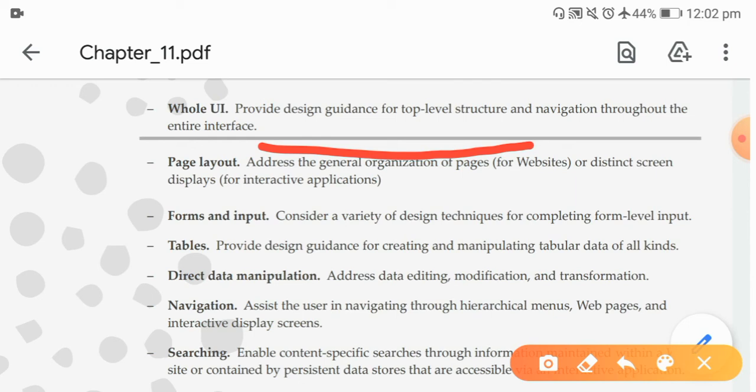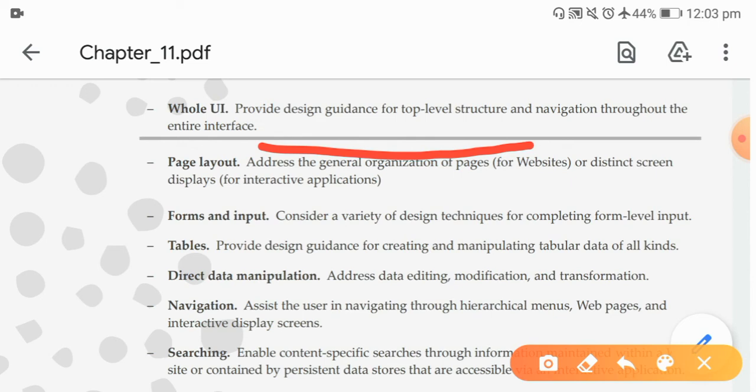Tables provide design guidance for creating and manipulating tabular data of all kinds. Direct data manipulation, such as modification and transformation, that is withdrawal and deposit. Navigation, that is you need to provide a hierarchical menu. Web pages, that is enter your card, after that your PIN, so these web pages need to be displayed.